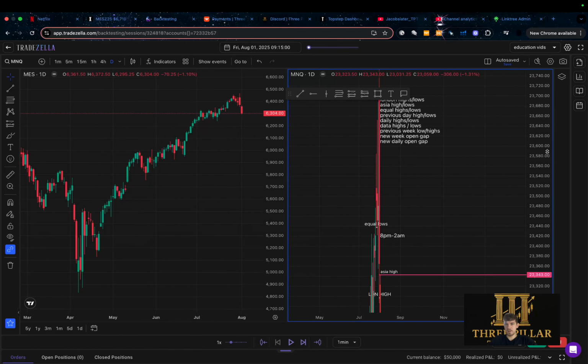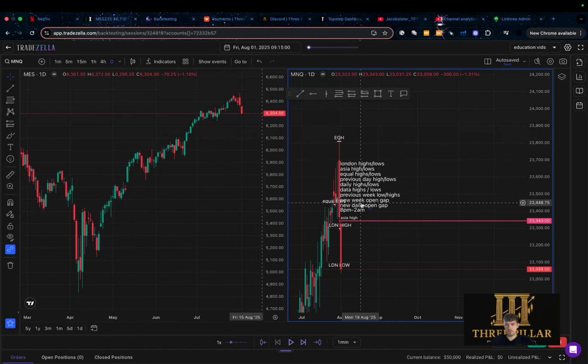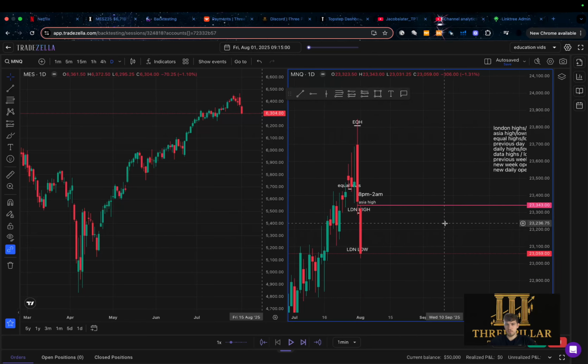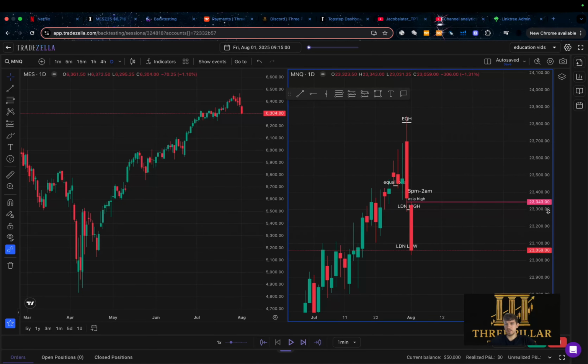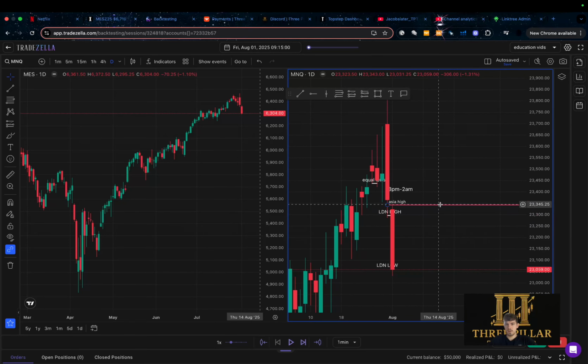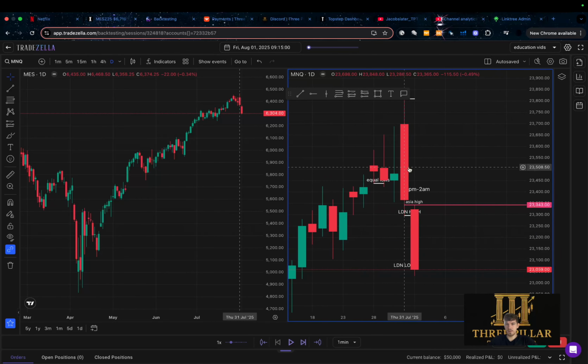Previous day highs and lows. For previous day, we look at the daily. So the previous low, we've already swept. You can see here that this is the previous daily candle and this is the low. I'll mark it out for you. This is the low there.